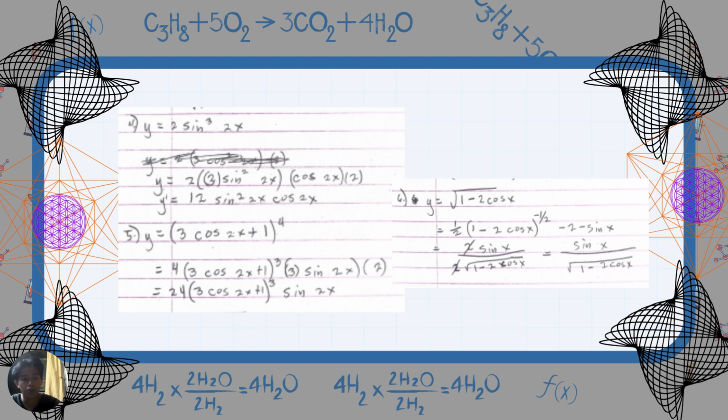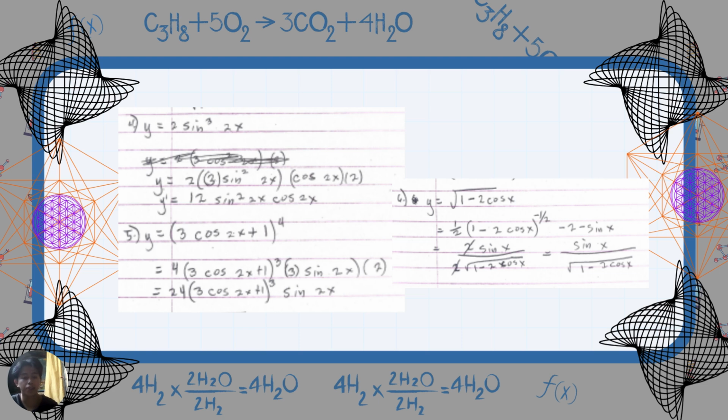So it will become cos 2x, and then the derivative of 2x is equal to 2. So multiply all the constants, and then it will become 12 sine squared 2x cos 2x. So that is the derivative of 2 sine cubed 2x.